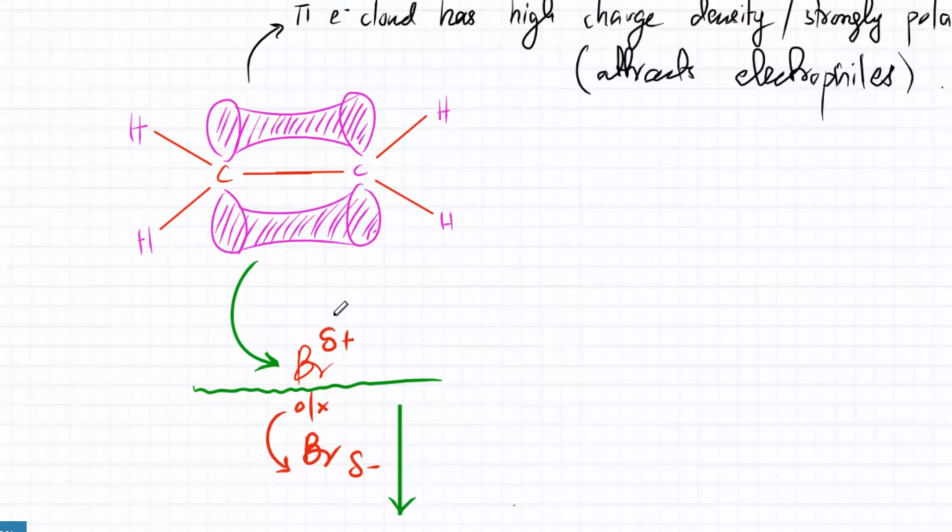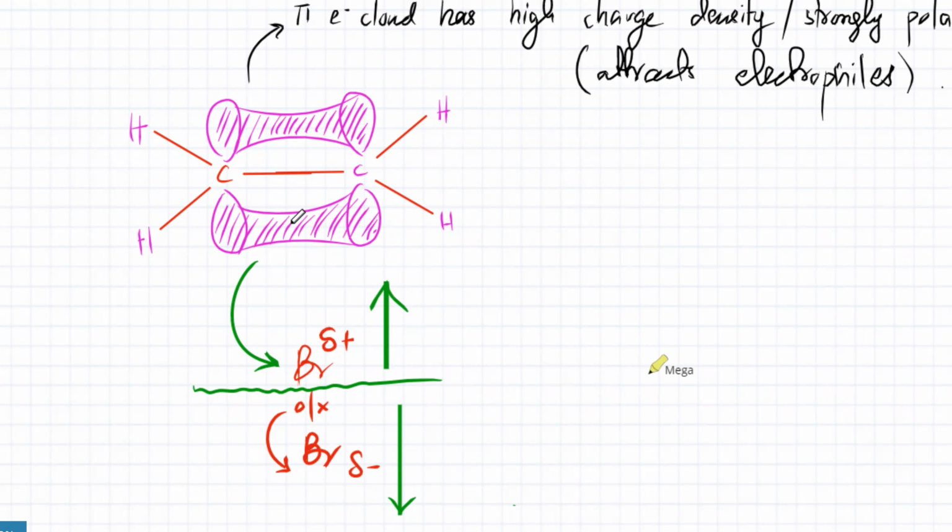what was happening? The positive bromine is getting attracted to the pi electron cloud, right? So the positive bromine is moving in the upward direction. It's getting attracted to the pi electron cloud. But I'm not going to show it with an arrow. I should not have drawn this arrow; I'll remove this later.